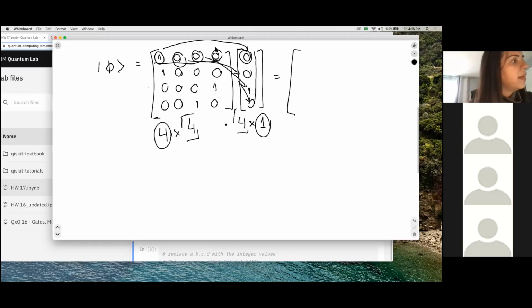So this is going to be 0. And if we keep going, every line here is going to be 0, but this last one: 0 times 0 is 0, 0 times 0 is 0, but 1 times 1 is 1. So this is the result, and this is the vector we should be writing here.